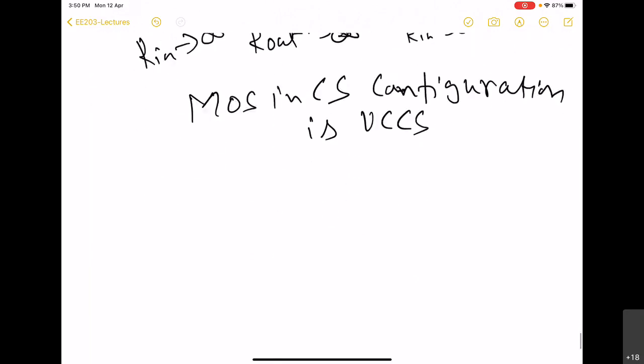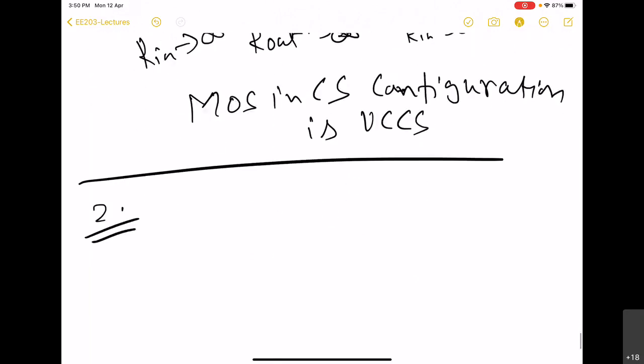Now let us take the second example, and in this case let us try to take current controlled current source.